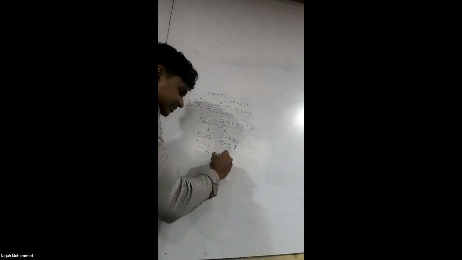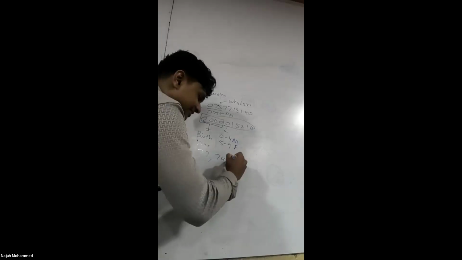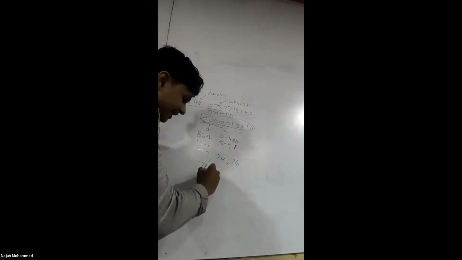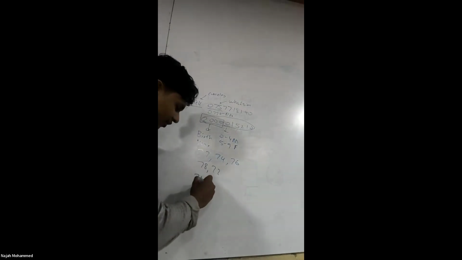What are the numbers that Dialog has? 77, 74, 76. All these three belong to Dialog. 75 is Airtel. For Hutch you have 78 and 72. Mobitel 71 or 70. So using this you can derive certain information.